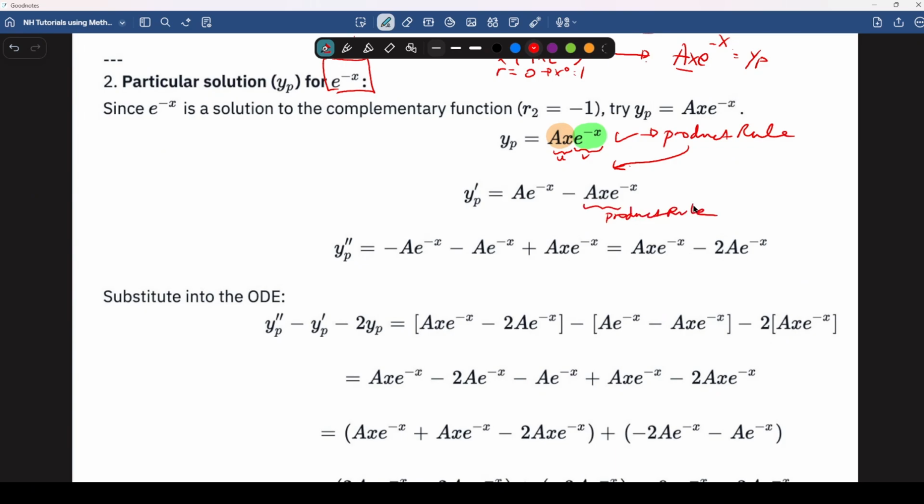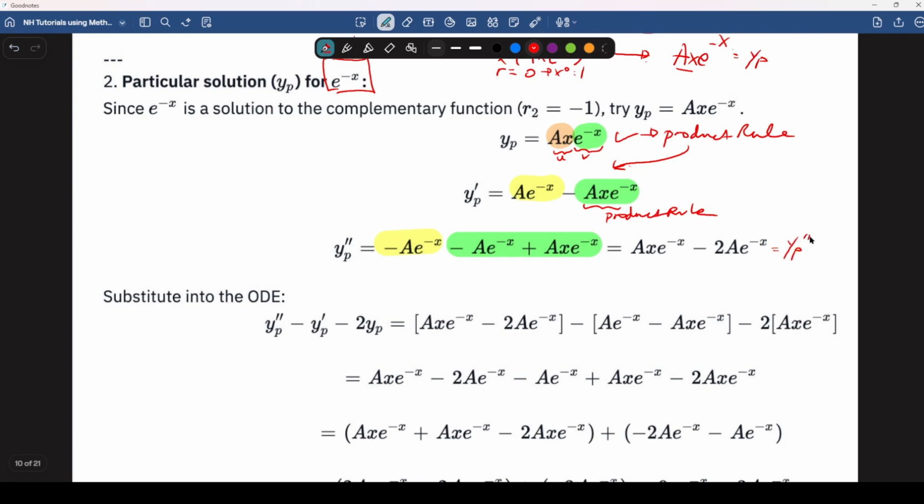The result is shown here. Once we sum it up, we end up with a x times e to the power of negative x minus 2a e to the power of negative x. This is our yp double prime.